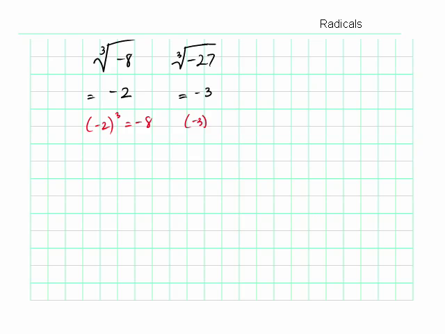Negative 3 to the third power gives you negative 27. Okay, one more here. Fifth root of negative 32. What number raised to the fifth power will give you a negative 32? That answer is a negative 2. Negative 2 to the fifth power is a negative 32. Okay, so you cannot take the even root of a negative number, but you can take the odd root of a negative number.